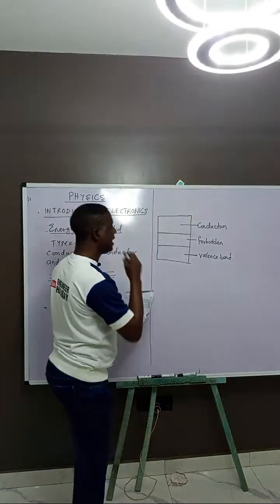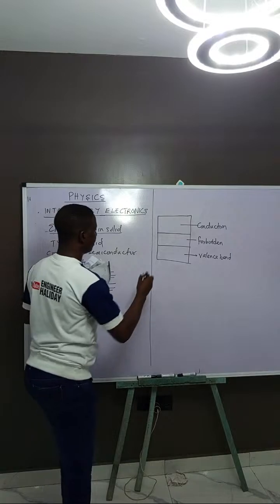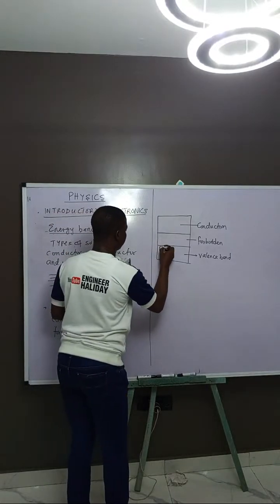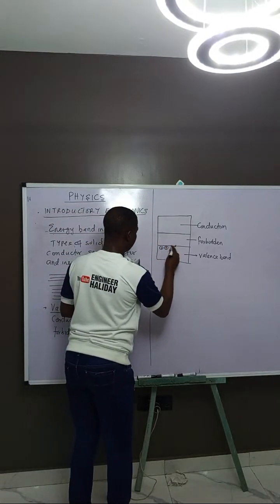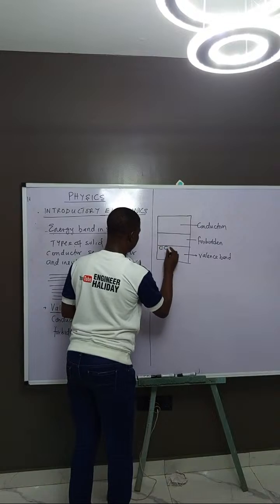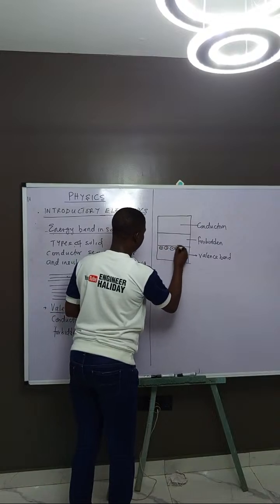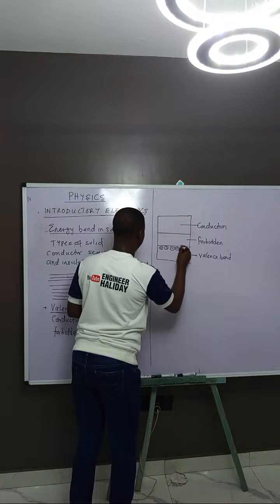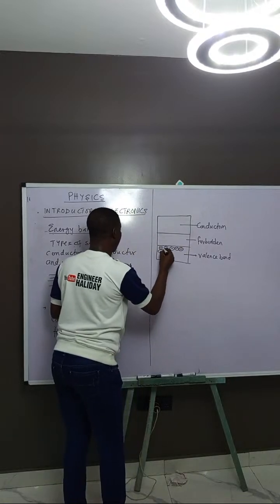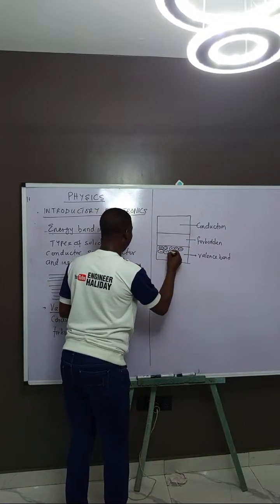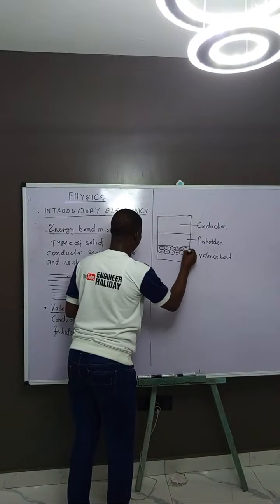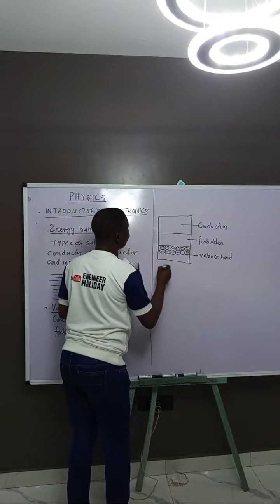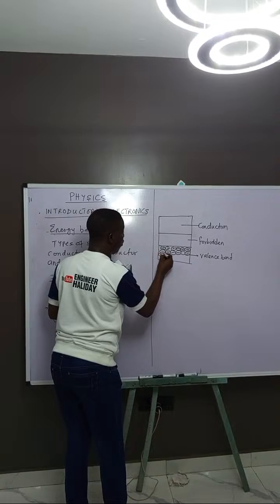Now let's simplify what I'm saying. Let's say the electrons are here. Electrons are here. And these electrons we are talking about, the way I draw them, are closely tied together, thereby leaving them no space to be mobile.